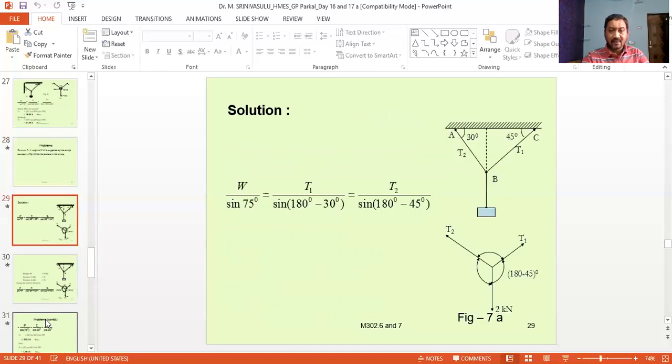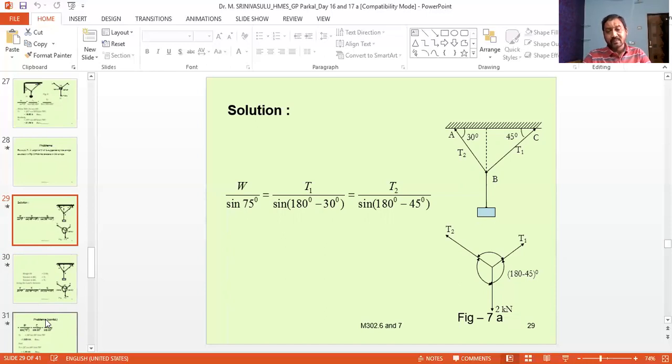So this is the figure given. Here we have two strings, AB and BC, and a weight is supported. The weight is hung by the two strings.